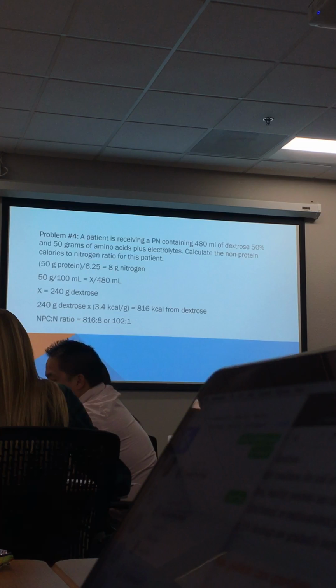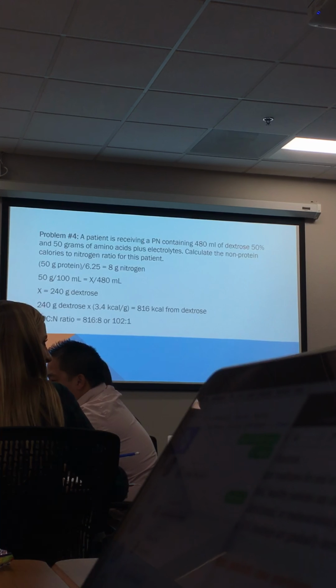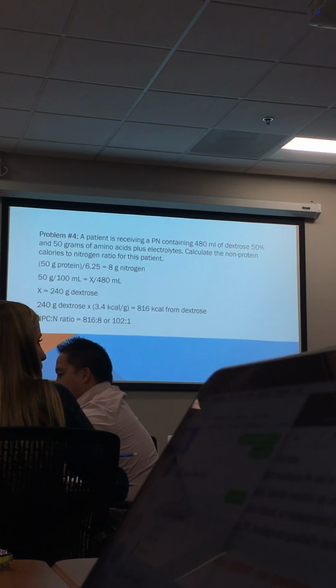What is the calorie from non-protein? From what components? Fat is 3 times. This question asks you to calculate the non-protein calorie to nitrogen ratio for these patients.